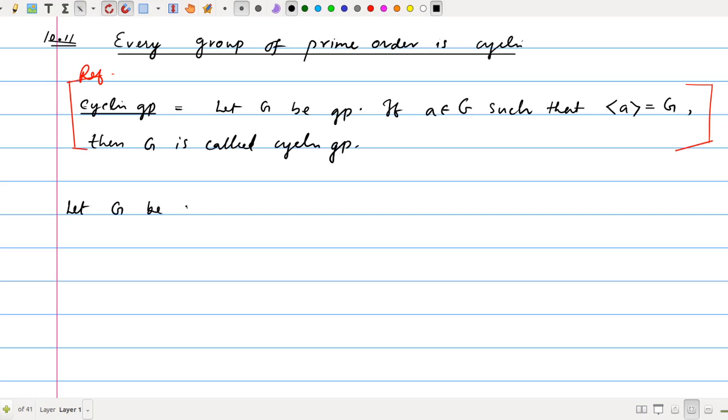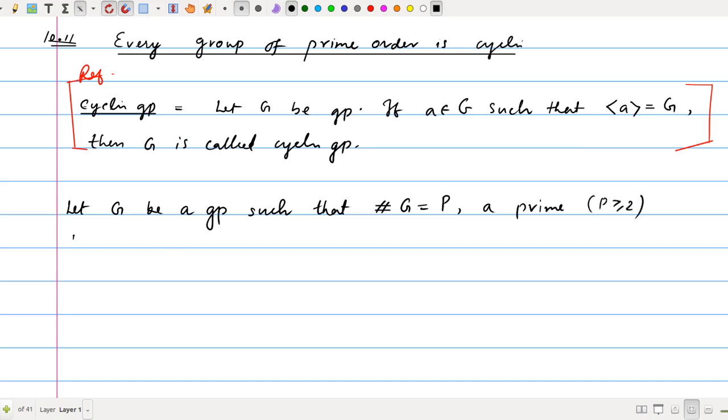Let G be a group such that the cardinality of G is equal to P, a prime. We know that a prime number is always greater than or equal to 2, so P is always greater than or equal to 2.